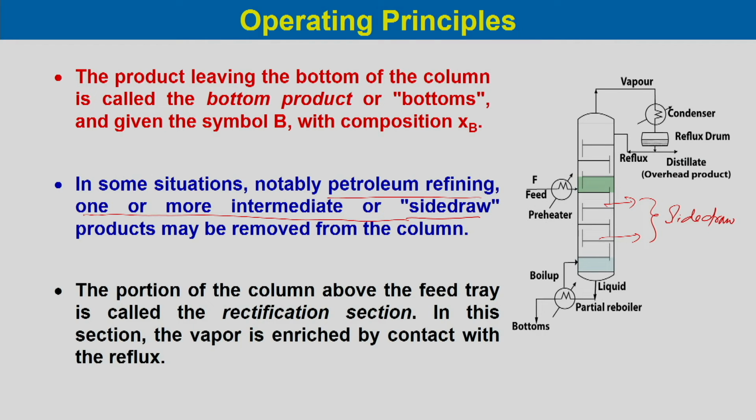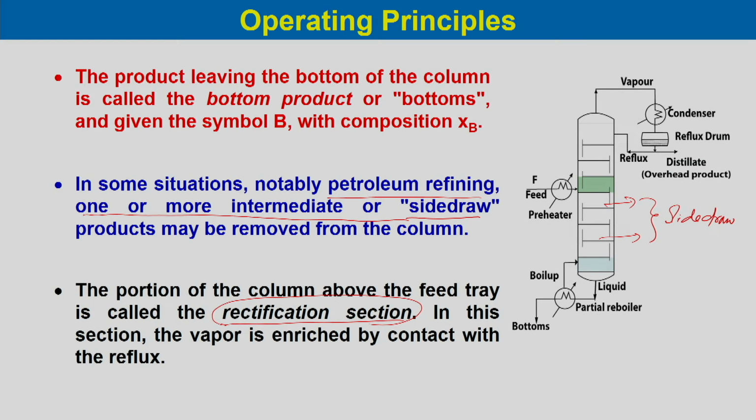The portion of the column above the feed tray is called the rectification section, and in this section the vapor is enriched by contact with the reflux. So, we have a feed tray, and the section above the feed tray is the rectifying or enriching section.